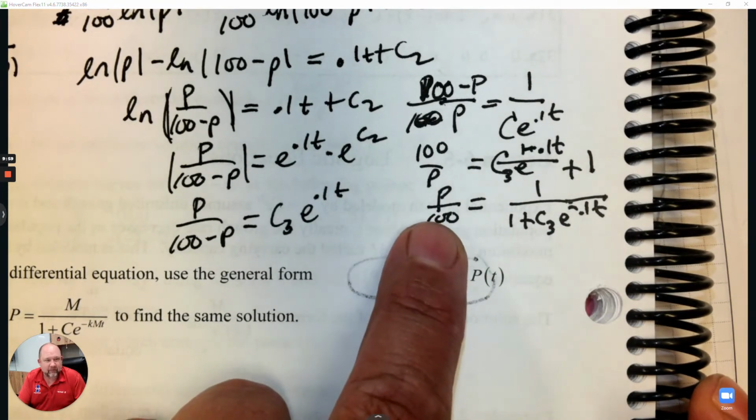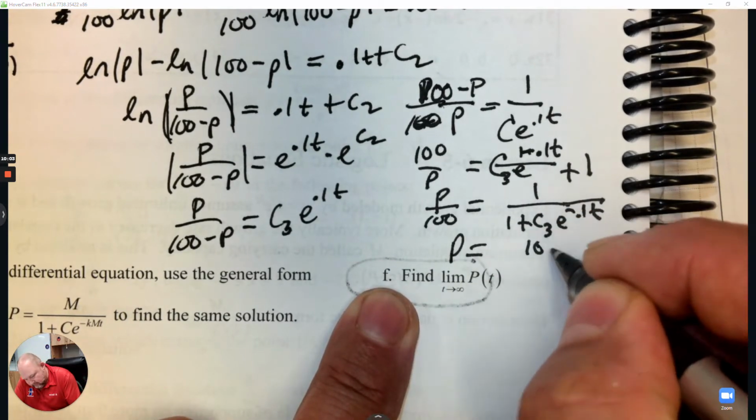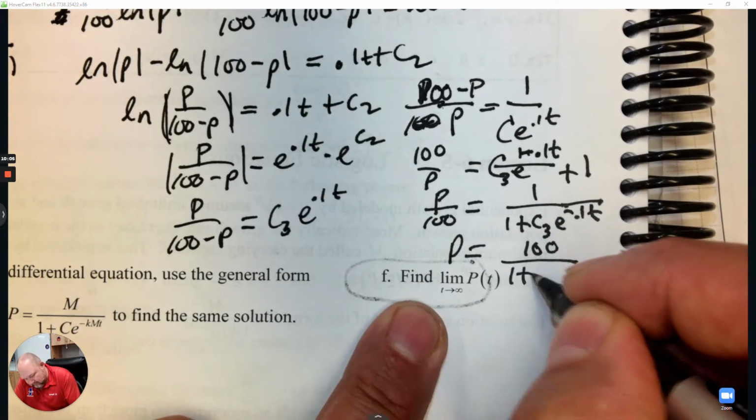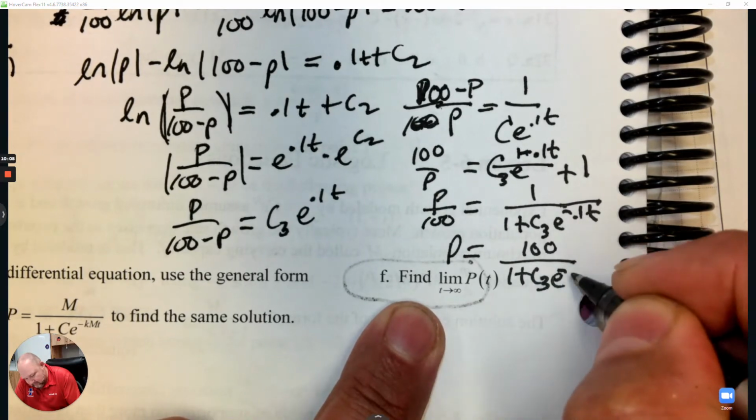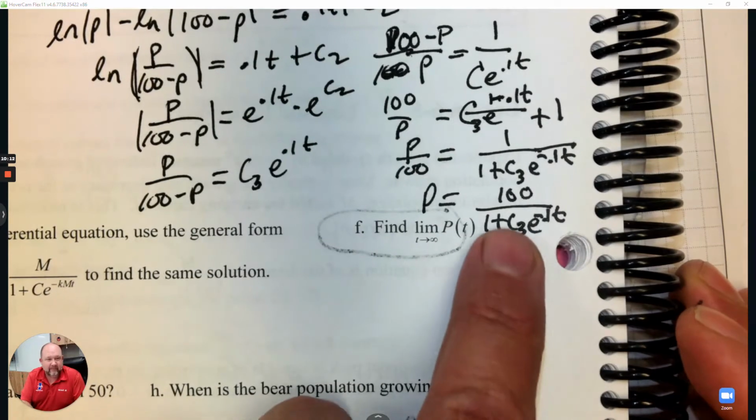And then the last step is to multiply by 100. And then I have my answer.